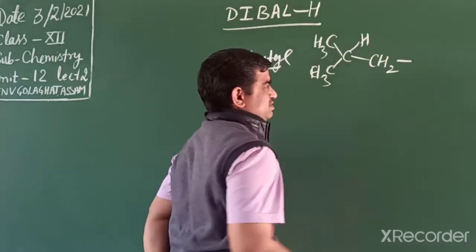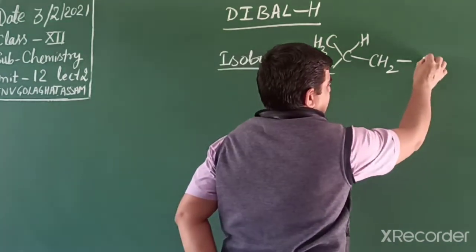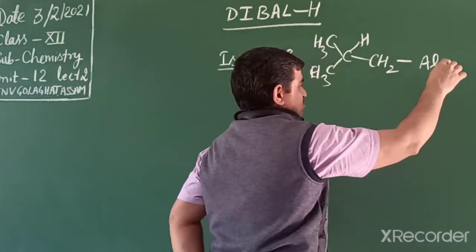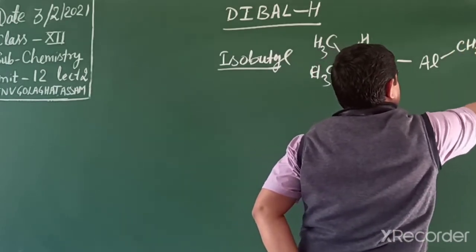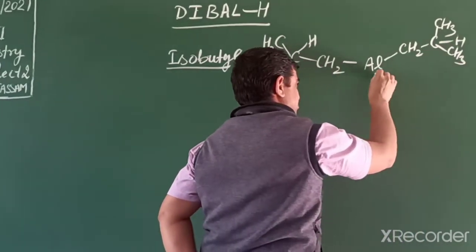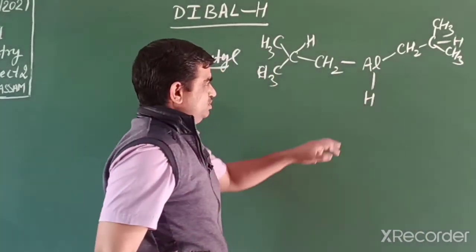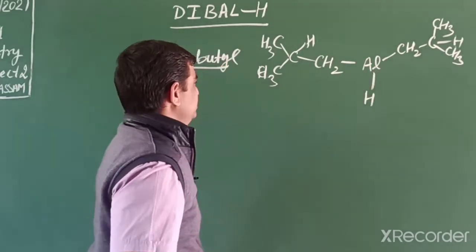So this compound is isobutyl. If it is connected to aluminum, we get diisobutyl aluminum, and 1 is hydrogen. This aluminum-hydrogen, directly attached, acts as a reducing agent.